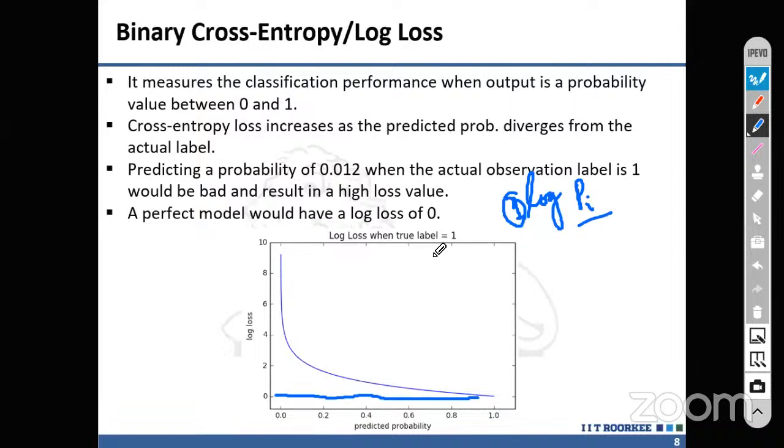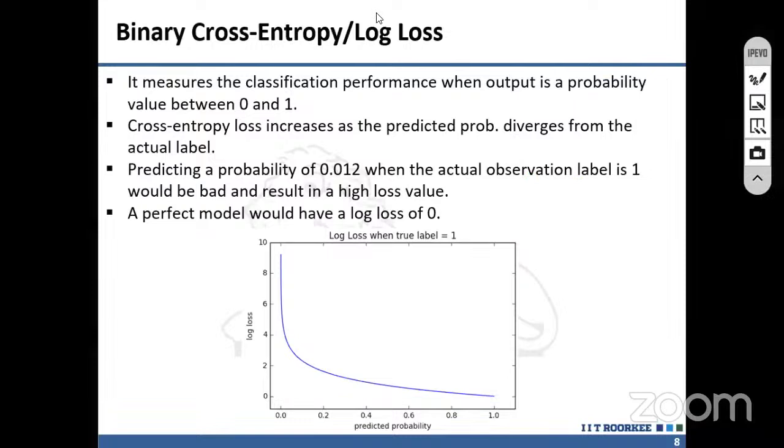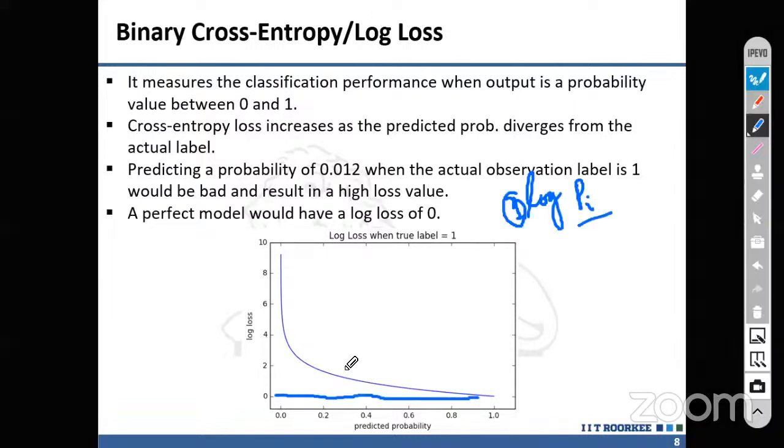When we use these log functions, when the prediction probability is close to 0, the loss function is very large.